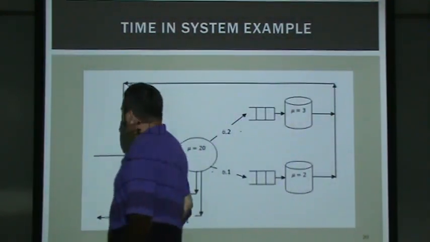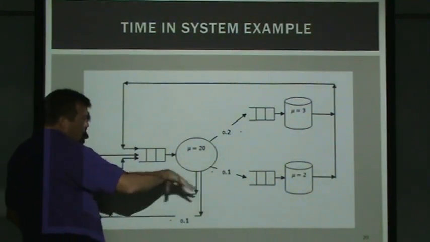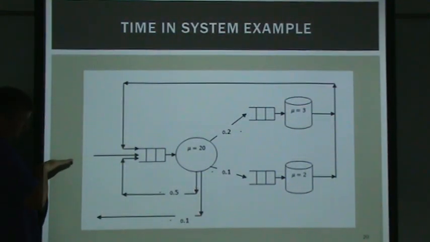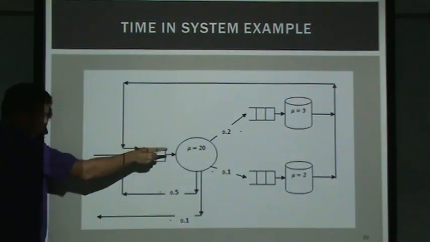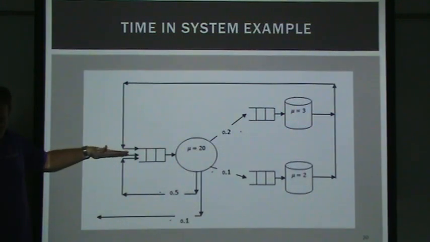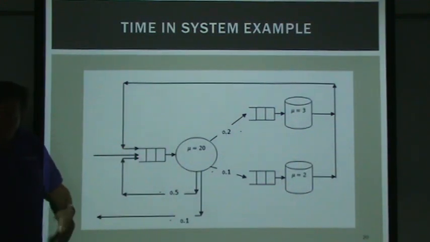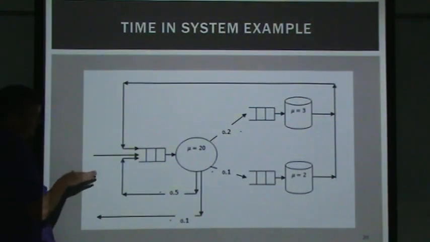So I think what we talked about last class was that this is our overall queuing system. A process comes into this queue, and it may bounce to other queues or bounce back to the same queue. We decided that to figure out how much time a process takes from when it enters our system until it leaves our system, which last class we referred to as the response time, we needed to calculate something.